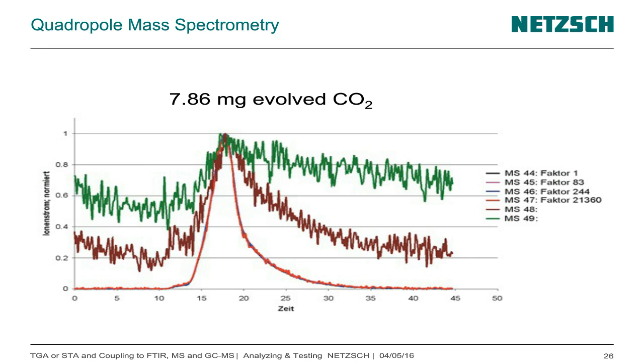And also the 21,360 also fits very good. And also my other mass numbers like 48, I can see it. With 49, I would say maybe my instrument was not good enough, or it was too broad. But remember that the factor was more than 2 million. So this is really small amounts of evolved gases.